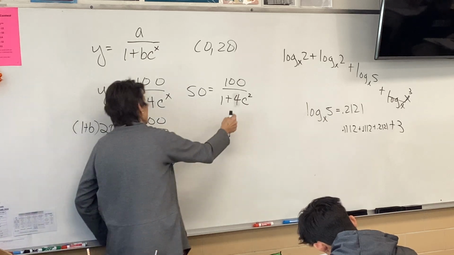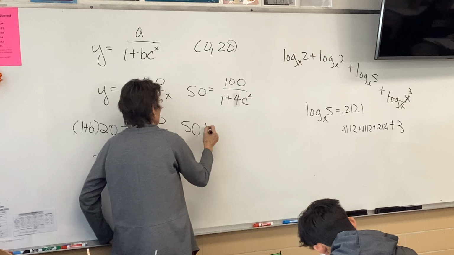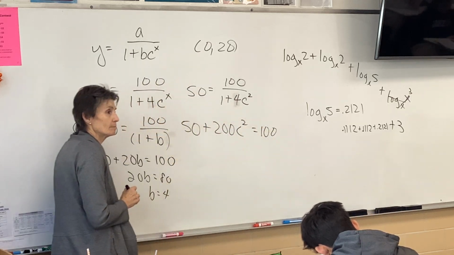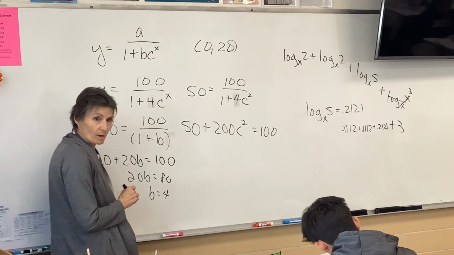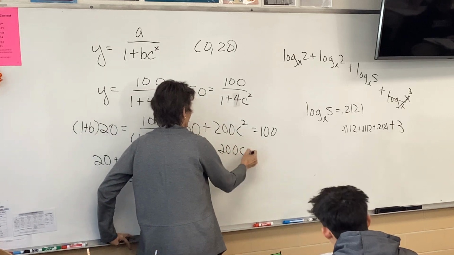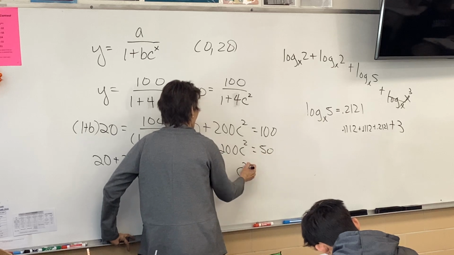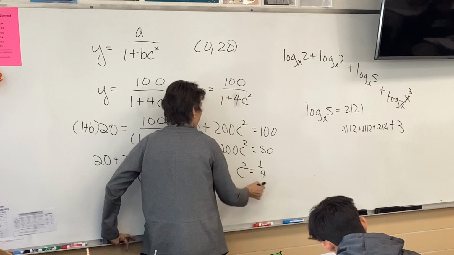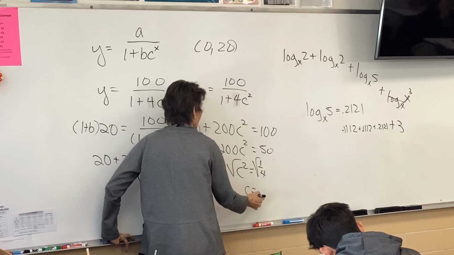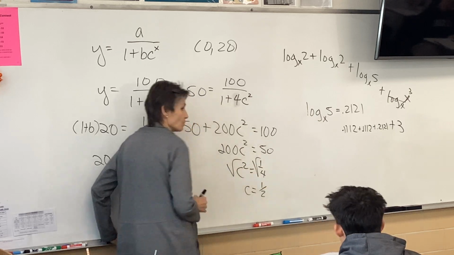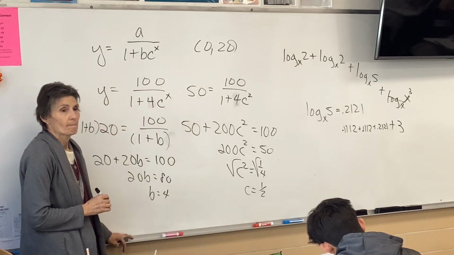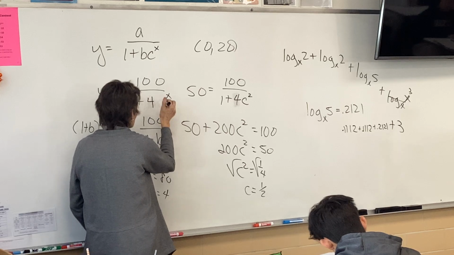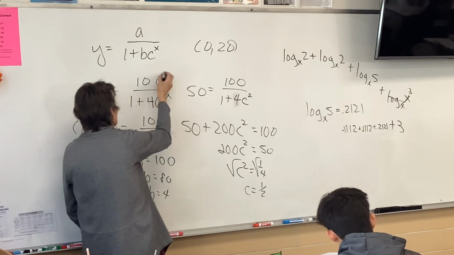So I'm going to bring my denominator over, so 50 plus 200C squared equals 100. Subtract 50, divide, and 50 divided by 200 is 1/4, which means C is 1/2. And then I can put that right here. And there's my answer.